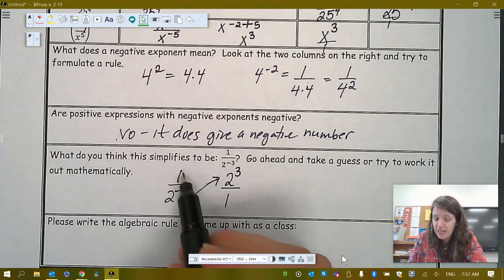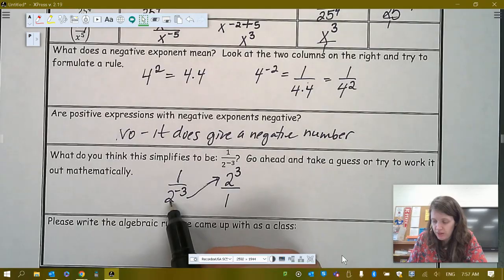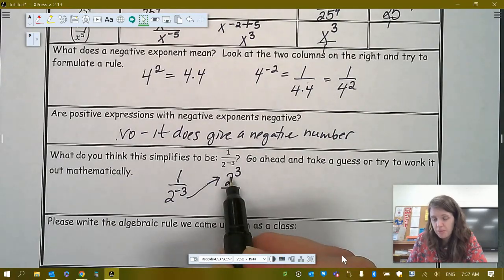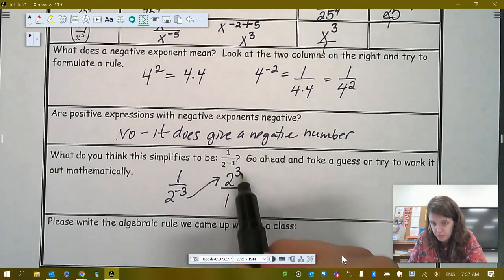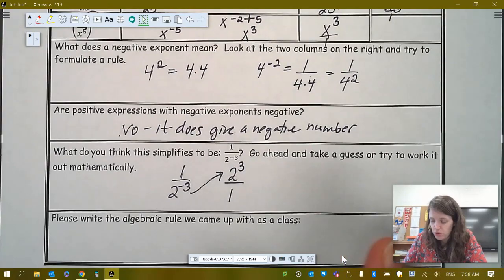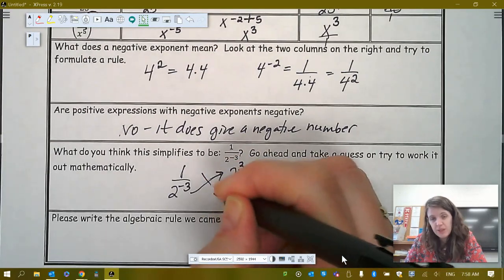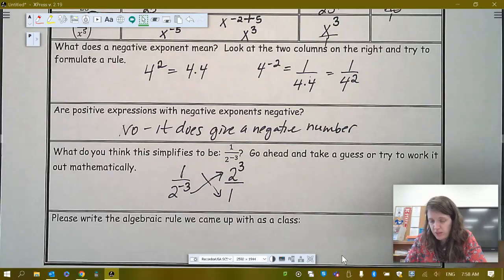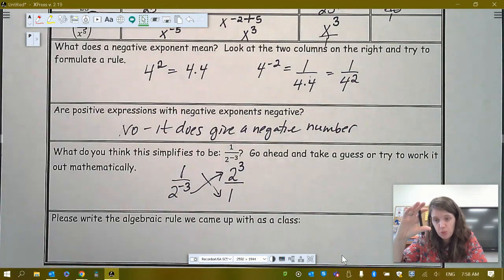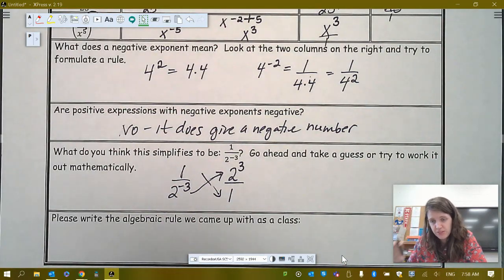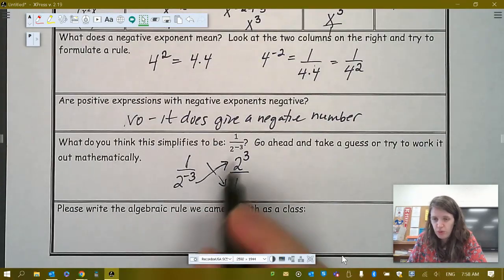So if I'm dividing already by a negative exponent, then that's the same as multiplying by that actual exponent in a positive form. So you see that it's kind of like switching the place of the exponent. If it's a negative exponent on the top, we'll move it to the bottom and make it positive. If it's a negative exponent on the bottom, we'll move it to the top and make it positive. So we always want to write our exponents as positive.